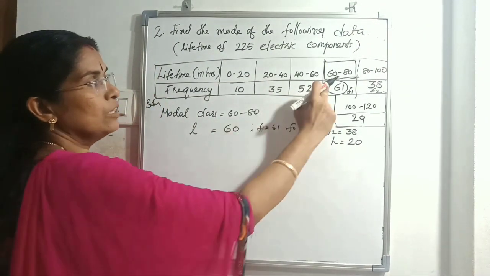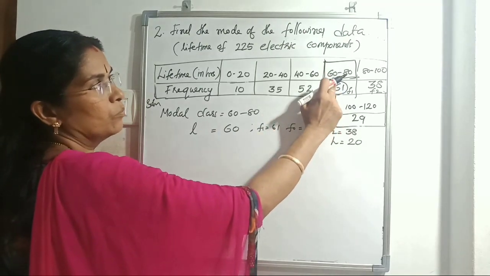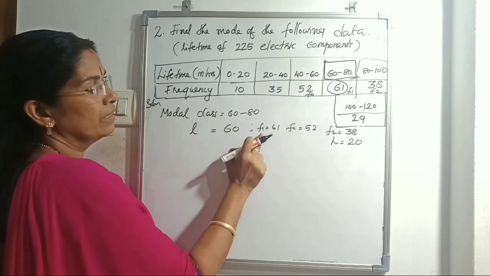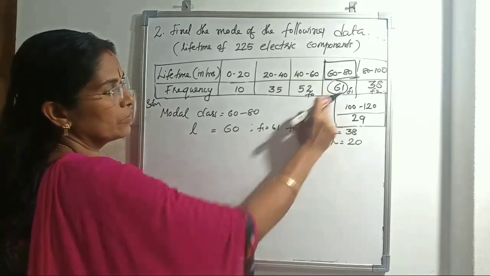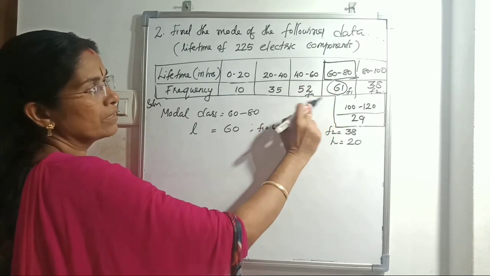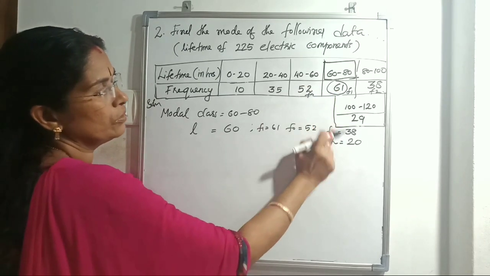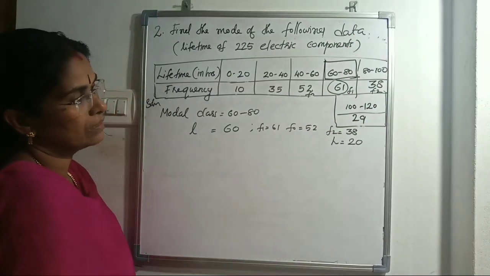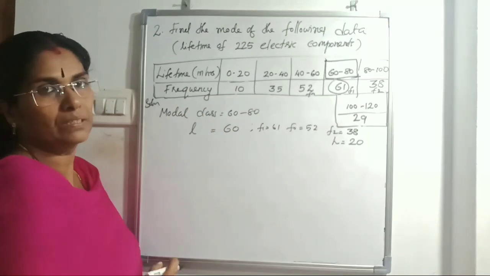L is the lower limit of the modal class. The modal class is 60 to 80, so L is equal to 60. F1 is the maximum frequency, that is 61. F0 is just above the maximum frequency, it is 52. F2 is after the maximum frequency, that is 38. And H is 20, the class width.